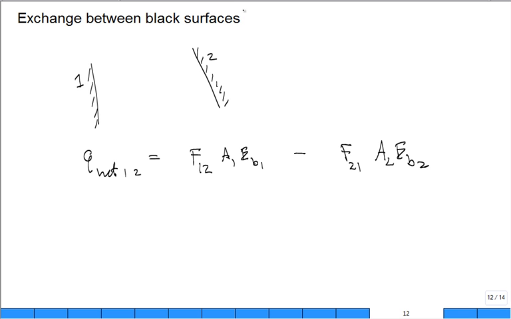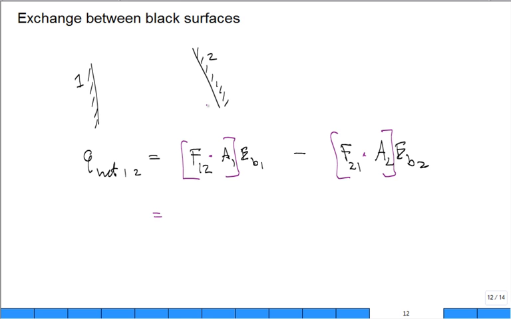So even if it's colder, it's just emitting fewer watts of photons. All right. So this is the equation for the net exchange. What is the relationship between F1 to 2 times A1 and F2 to 1 times A2? They're the same, from reciprocity.